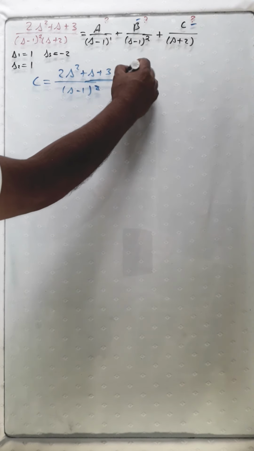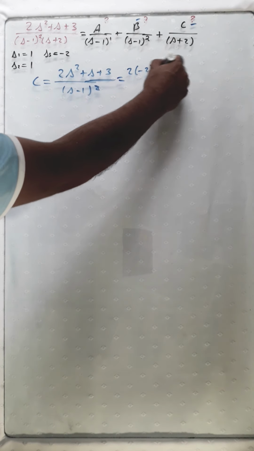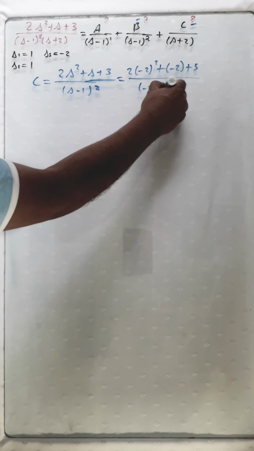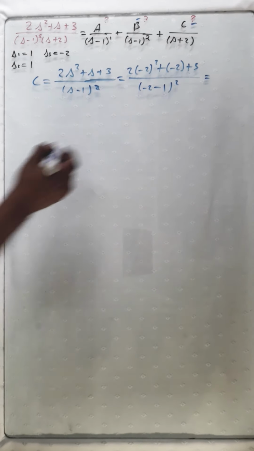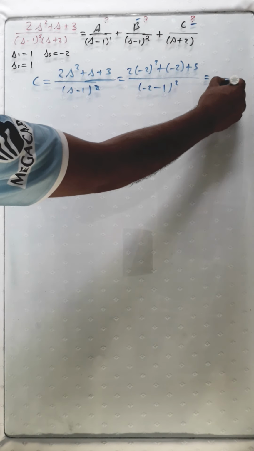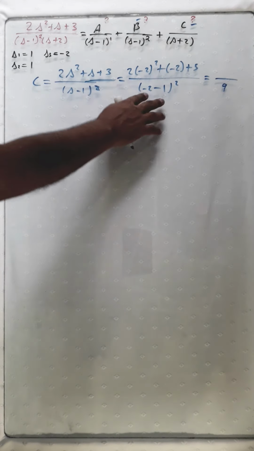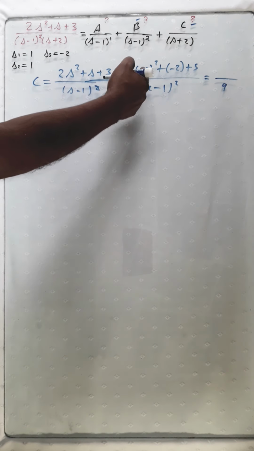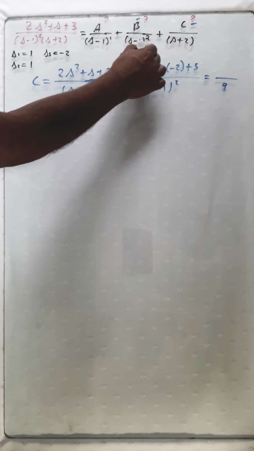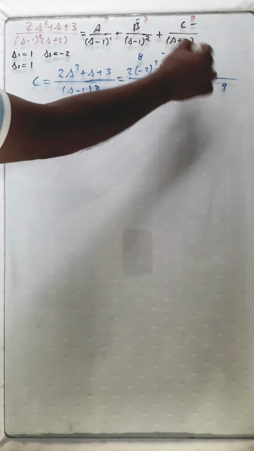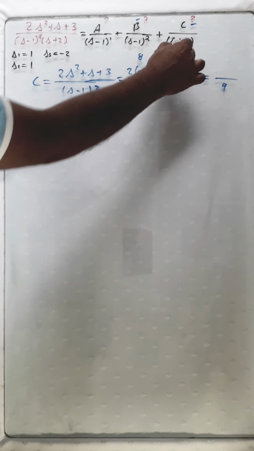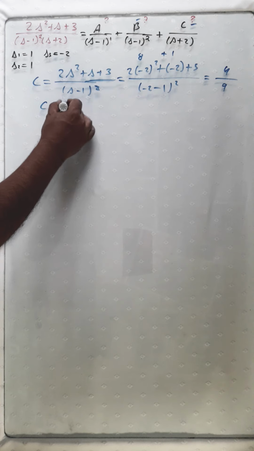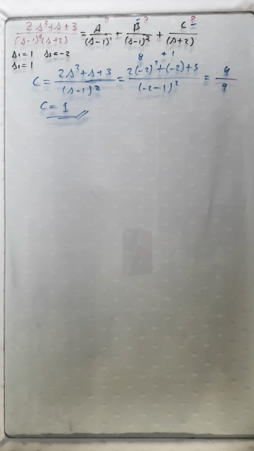So it's going to be 2 times minus 2 squared plus minus 2 plus 3 divided by minus 2 minus 1 squared. In the denominator it's going to be 9, because it's minus 3 squared, 9 positive. In the numerator, 4 times 2 is 8 positive, and then minus 2 and 3 becomes plus 1. So this is actually 1. So the value of C is just 1. Okay, we got the value of C.